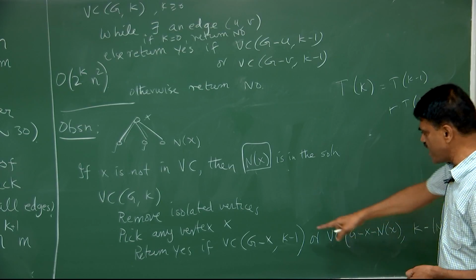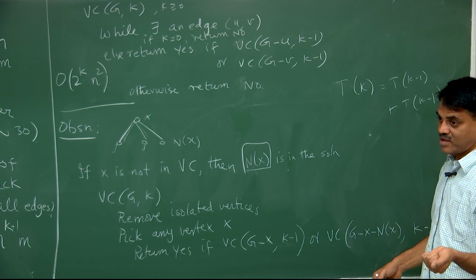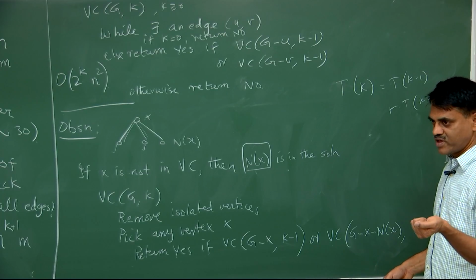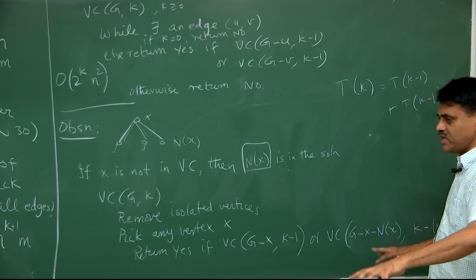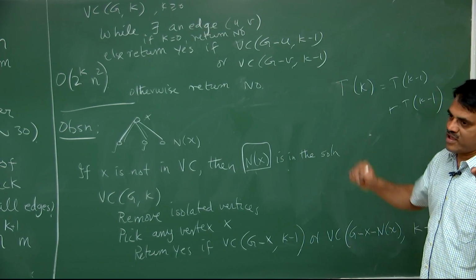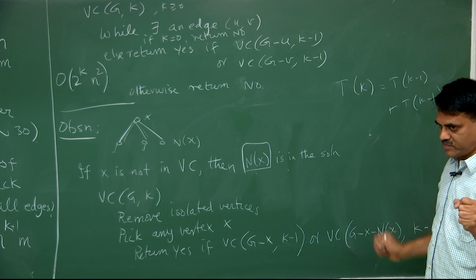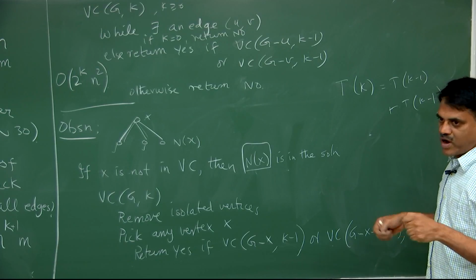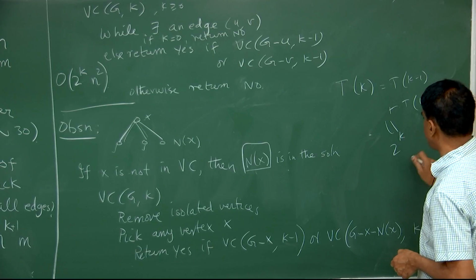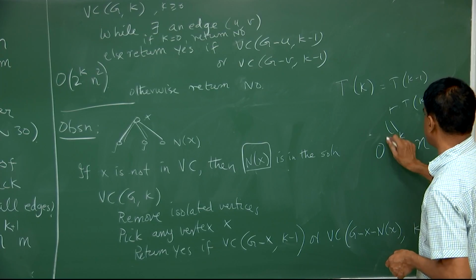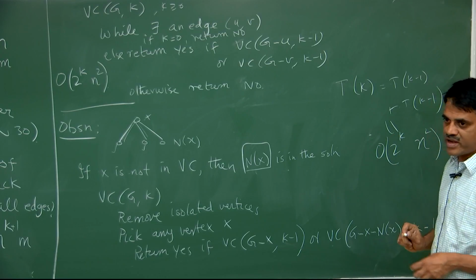If x happens to be of degree 1, then I delete x. In this branch, I pick its neighbor, which is the same kind of branching if it's degree 1. But this gives you 2 power k times some polynomial running time here.